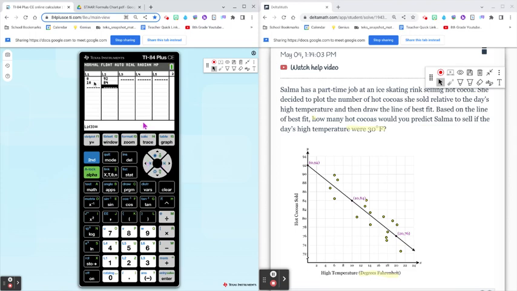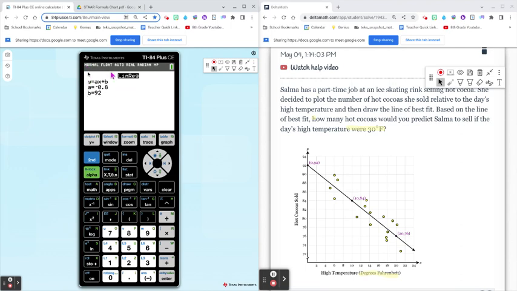Just put them directly on top. 0, 92, 10, 84. Now that we have put that in our list, go back to stat, and we want to toggle to the right to calc and go to option 4 and hit enter. We don't want to change any settings. So enter, enter, enter, enter, enter.